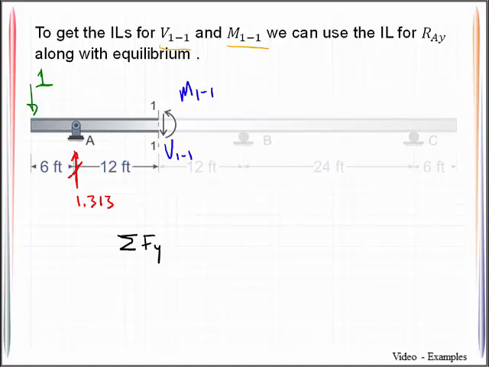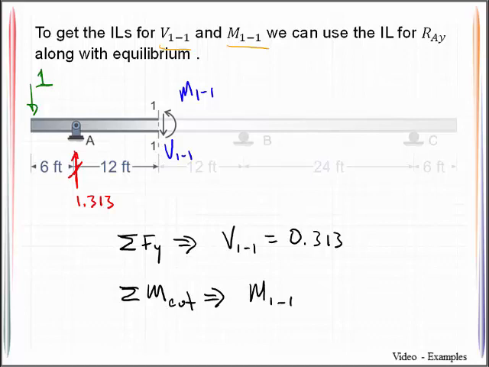So if I sum forces in the y, I will find out that the shear is equal to 0.313, and if I sum moments about the cut, I will then be able to find out that the internal moment is equal to negative 2.24.